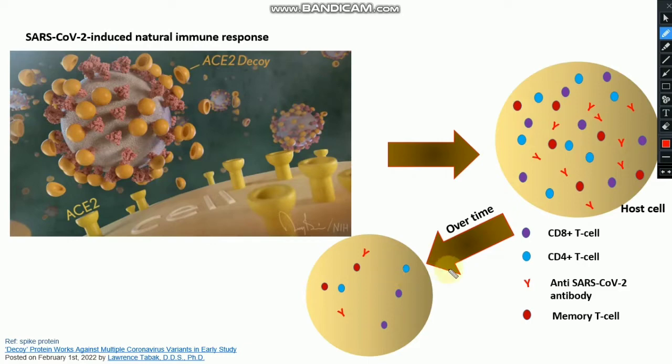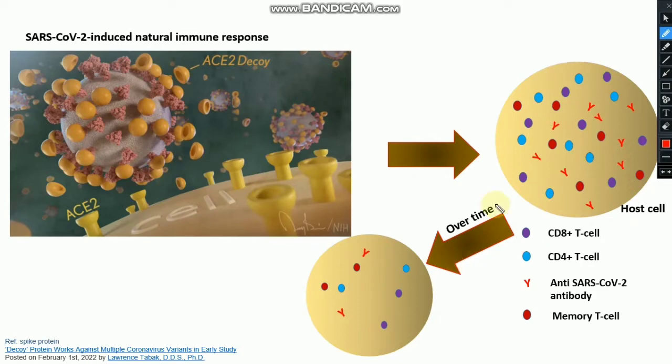In this case, repeat infection can be caused, and some other infections may arise. In general, this natural immune response is largely protective for at least 6 months post infection.